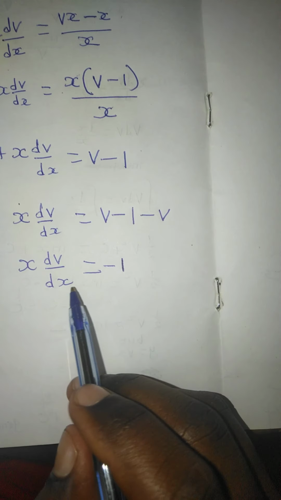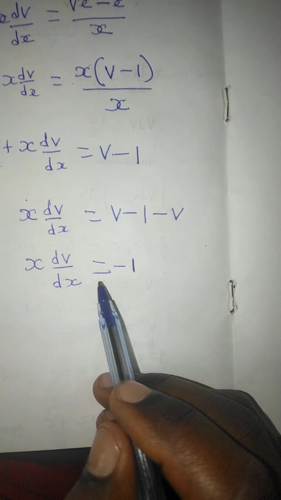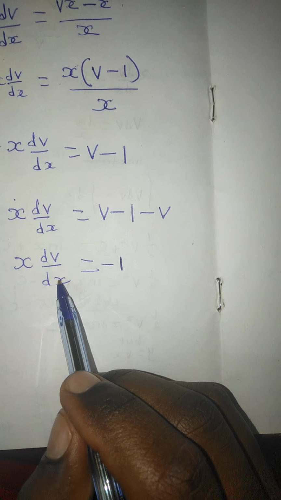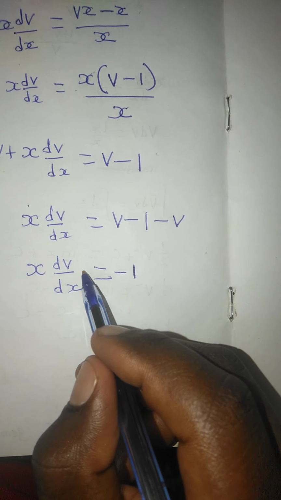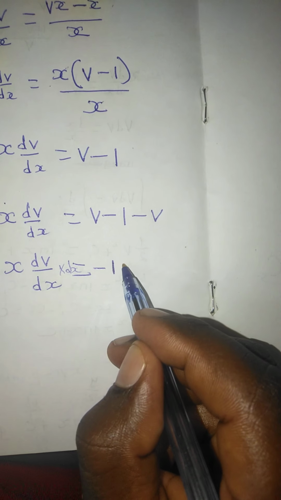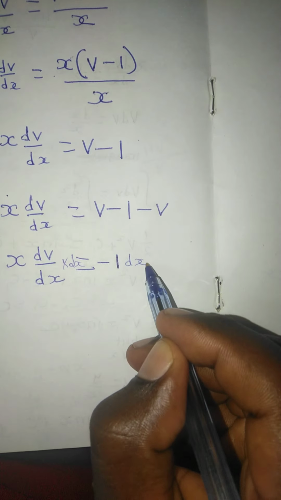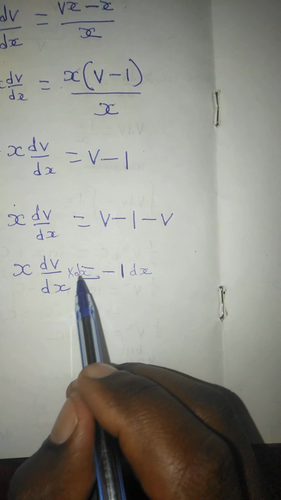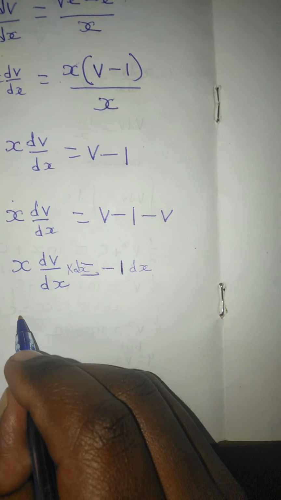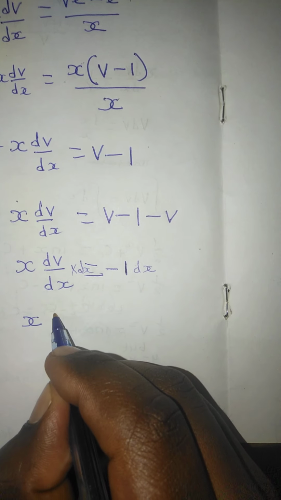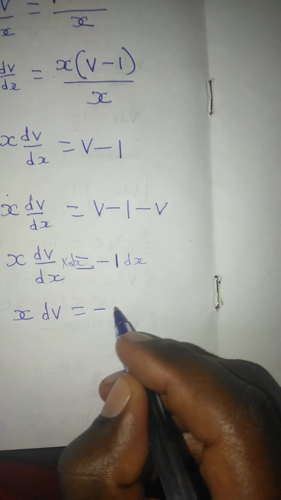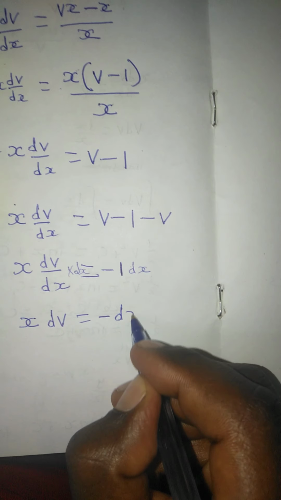So up to this point, I think everybody can see. Then let's multiply by dx. So here it is times dx, and this dx will cancel with the other dx. We remain with x dv is equal to negative dx.